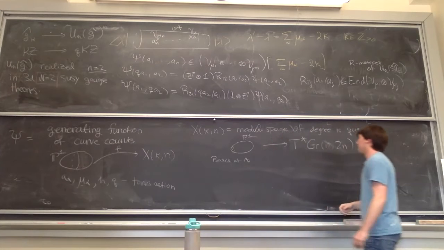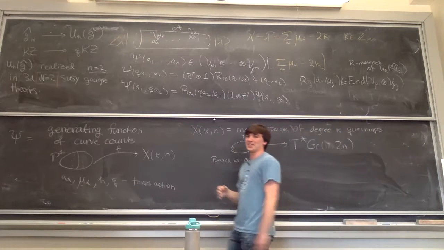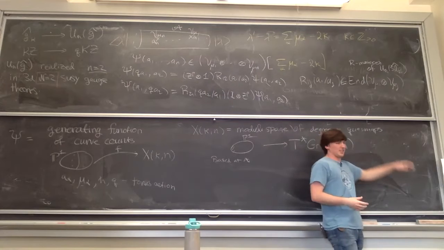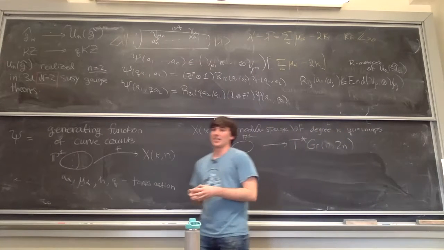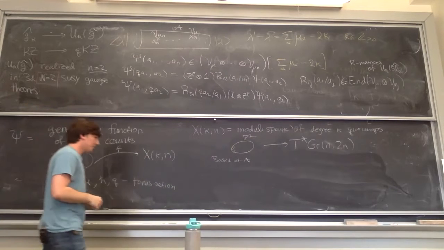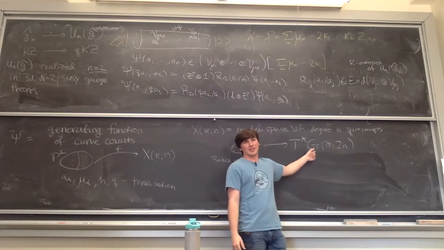So I'm not really going to explain the technical definition of quasimap in this talk, but if you've never seen this, you can just think of these as some kind of compactification of the naive space of holomorphic maps. But the important thing is that if you have a holomorphic map into T star Grassmannian, it's of course redundant to write T star Grassmannian.